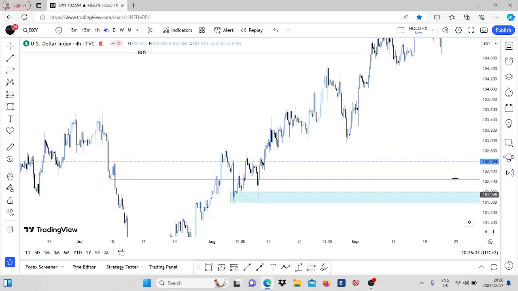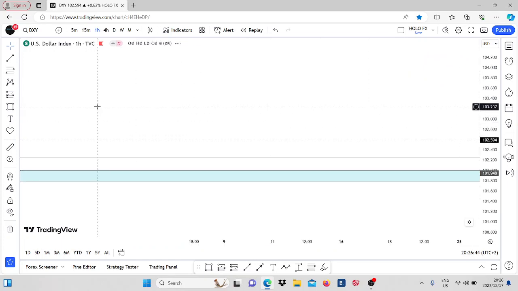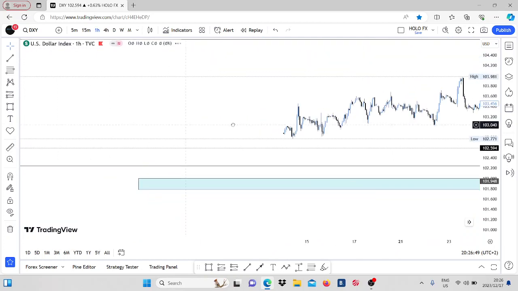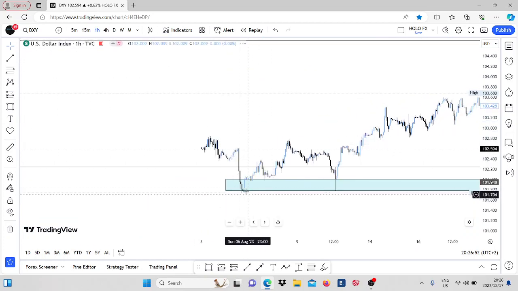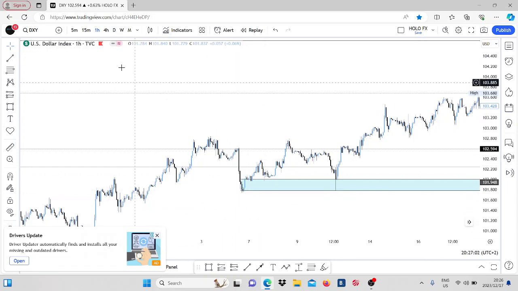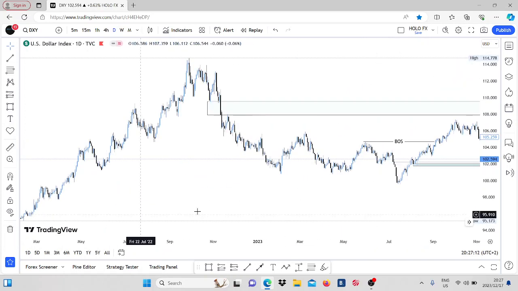Let's try to see it on a 1 hour, because usually time frames go hand in hand. As you can see here, on a 1 hour, the 4 hour, the daily wick on a 1 hour is actually the last down candlestick. That's something for you to do a bit of back testing on your spare time.